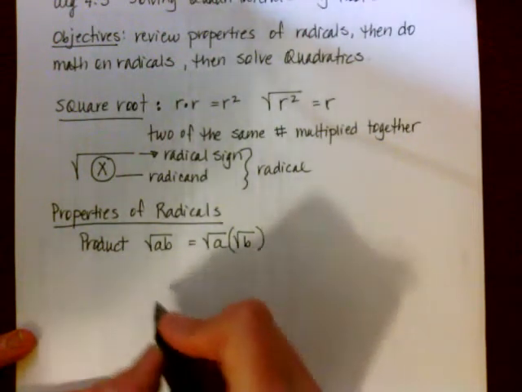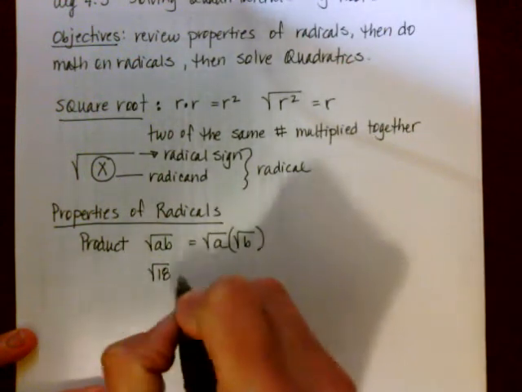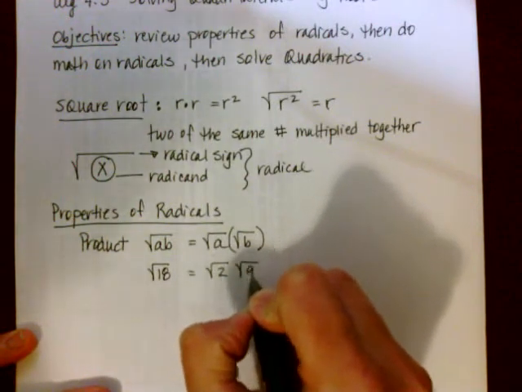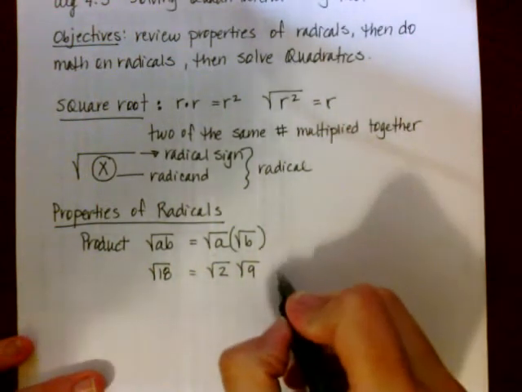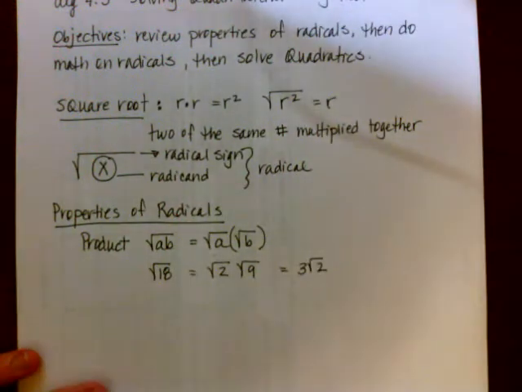For example, if I have the square root of 18, I could write that as the square root of 2 times the square root of 9. And we know that the square root of 9 is a perfect square, so this is going to be 3 radical 2. The square root of 9 is 3, and then there's my radical 2.